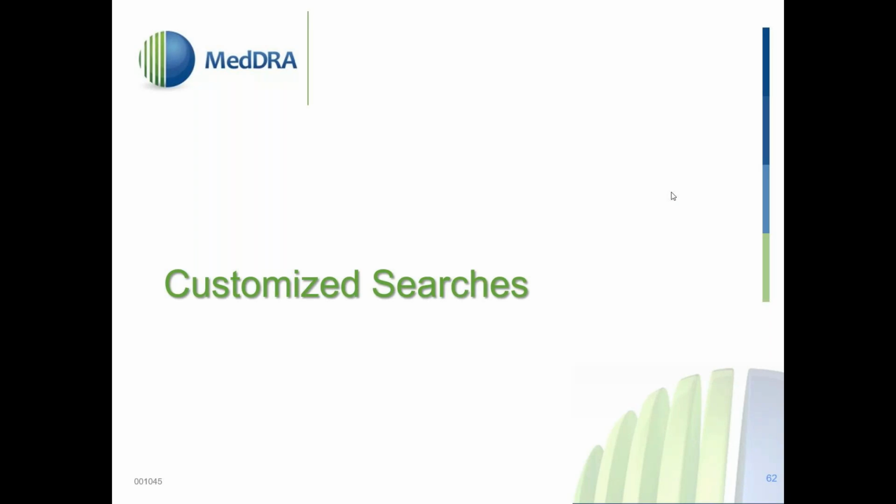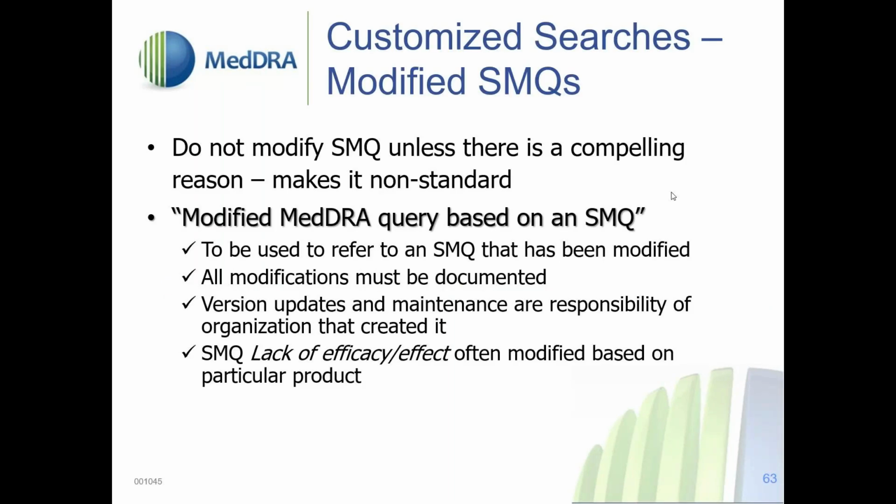Now, let's look at some customized searches, and we discussed quite a lot of the prerequisites in the webinar before. So a customized search can be done by modifying an SMQ.